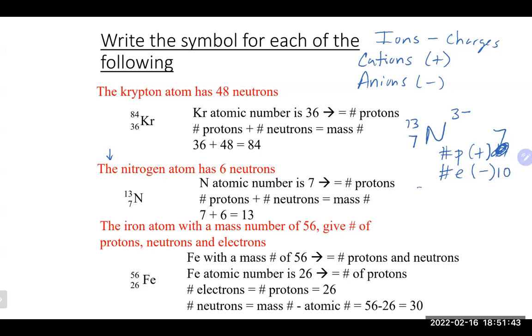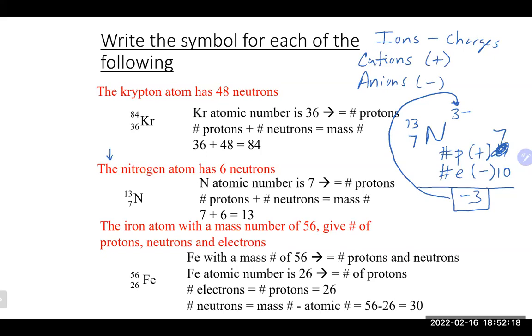That's 7 protons, which are 7 positive guys, and 10 negative guys leaves you a -3 left over. That is where the charge comes from. It has basically 3 more electrons than the neutral guy. That means it has 3 more negative charges than positive charges, leaves you a negative charge overall. By the way, the number of neutrons in this case would still be 6. 13 minus 7 would be 6.